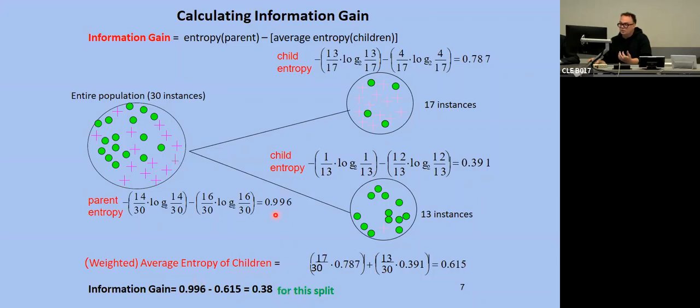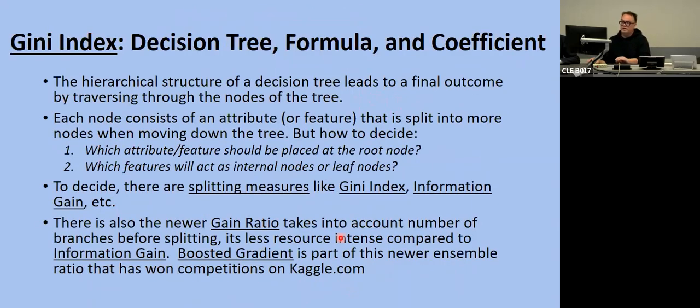So the parent minus the weighted average entropy of the children equals 0.38, which is not too bad. You want to be around 0.2 usually, and the Gini index usually has a value between 0.2 and 0.3.